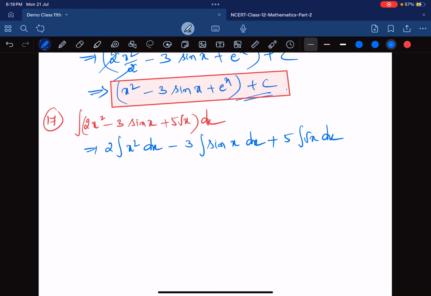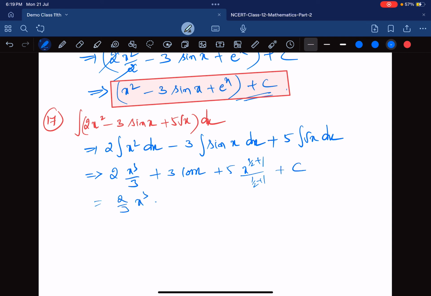So this will be 2 times integration of x square, which is x power 3 by 3, minus 3 times integration of sin x, which is minus cos x. So minus times minus cos x becomes plus cos x, plus 5 times integration of root x, that is x root x, so x power (1 by 2 plus 1) by (1 by 2 plus 1), plus c.